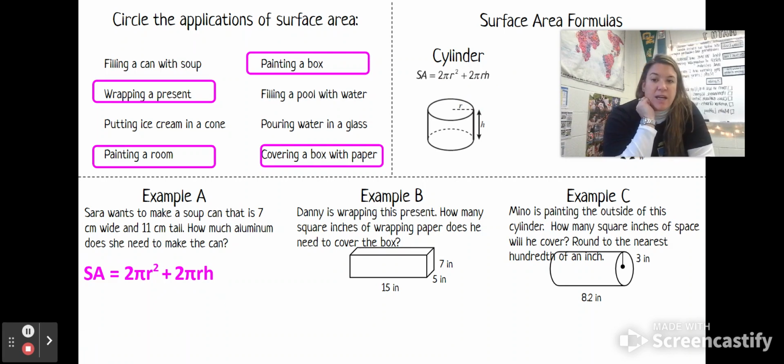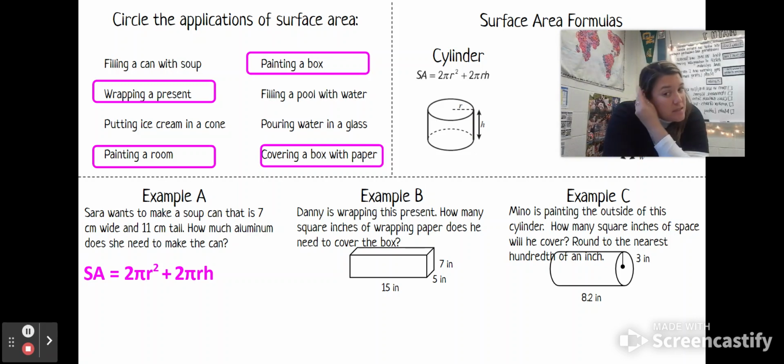All right, now let's plug in our numbers in the second row. So we keep the SA equals, we keep the 2 times 3.14 times the radius squared. Does this problem give us the radius? Let's see. Sarah wants to make a soup can that's 7 centimeters wide. So if it's all the way across, 7 centimeters, that's the diameter. So 7 divided by 2 is 3.5.